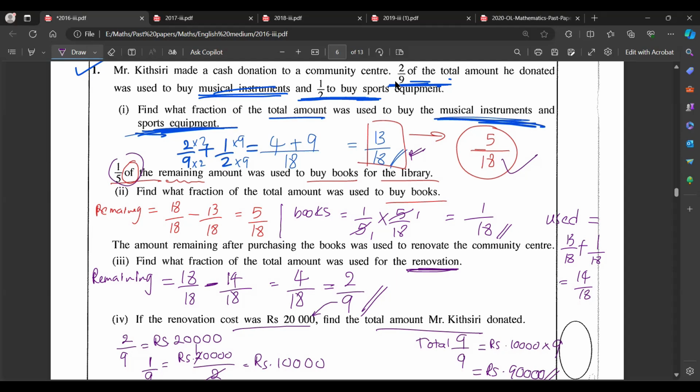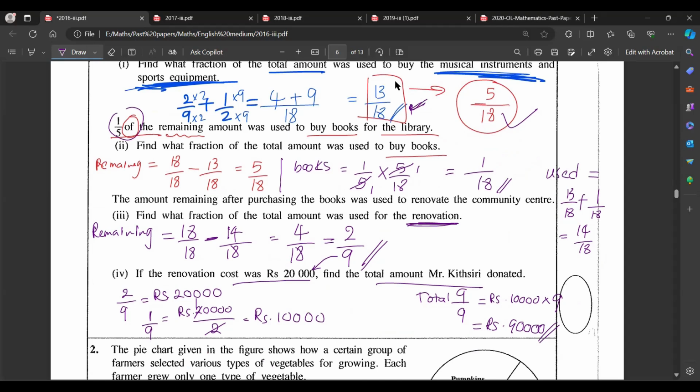You can cancel that 5 and 5, remaining 1 over 18 for the books. So beginning 13 over 18, now 1 over 18, altogether 14 over 18 using for buying books and the musical instrument, the previous ones.